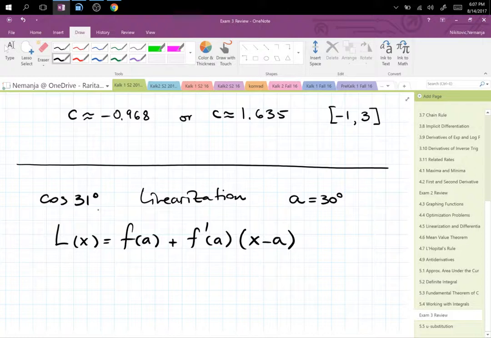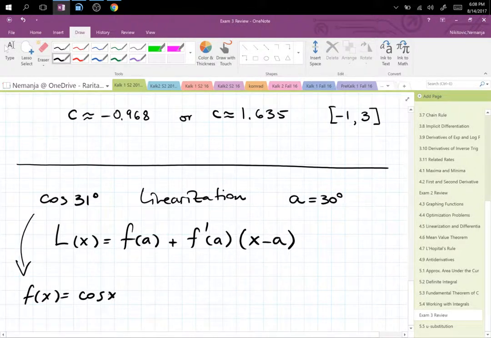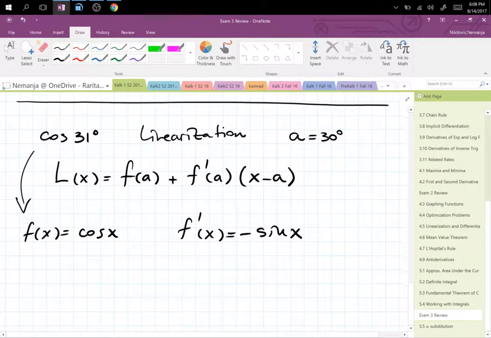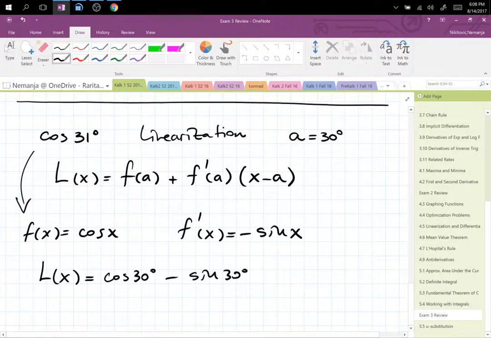Now we also see from here that the function f(x) is cosine x, whose derivative, which we are going to need, is negative sine x. So now we get to plug everything into the formula. L(x) is equal to f(a), so that's going to be cosine of 30 degrees, minus sine of 30 degrees times (x minus 30). Remember that a is 30.